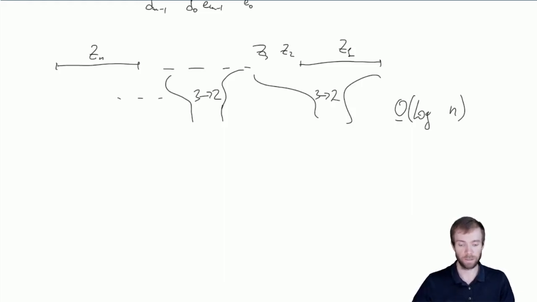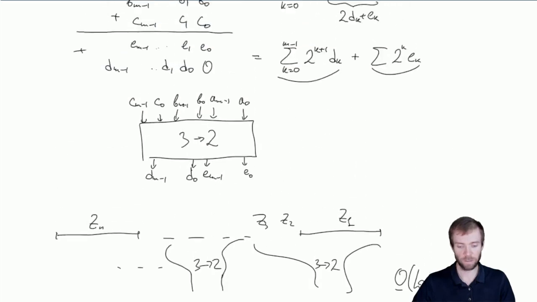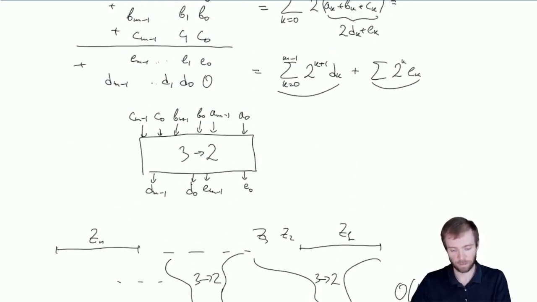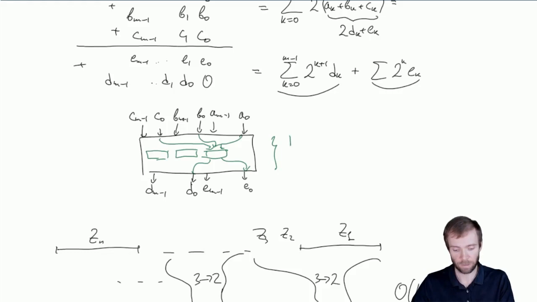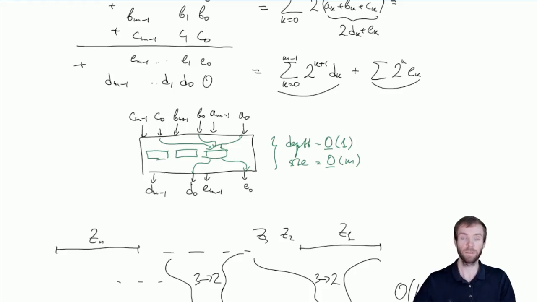And the depth of each layer is very, very small, because each of these 3 to 2 circuits uses just 3 bits, say C0, B0, and A0, to compute E0 and D0. And these computations are performed simultaneously for each triple of the input bits. And the depth here is constant. The size of such a circuit is linear in M, the number of inputs.